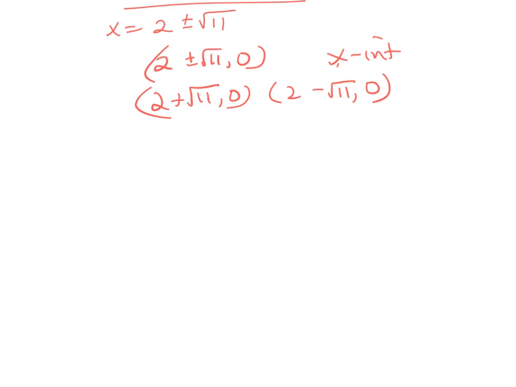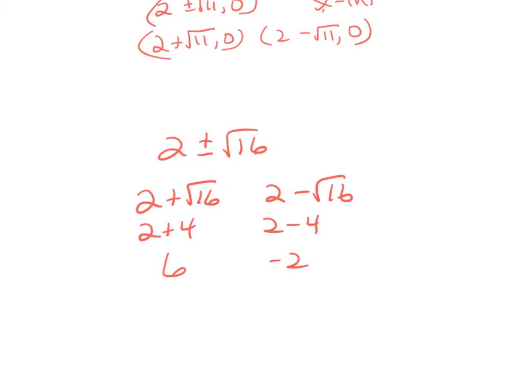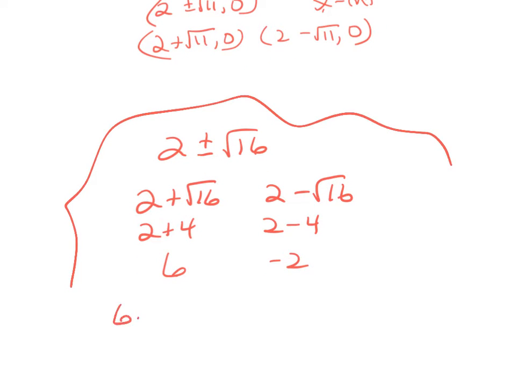So let's say instead we ended up with like 2 plus or minus the square root of 16. I would expect you to turn this actually into a number and do 2 plus 4, 2 minus 4, and get 6 and negative 2. So the two x-intercepts, if this were the scenario, would be 6, 0 and negative 2, 0.